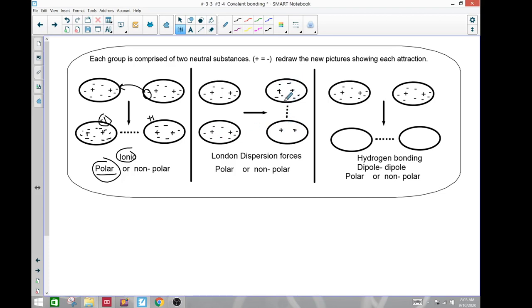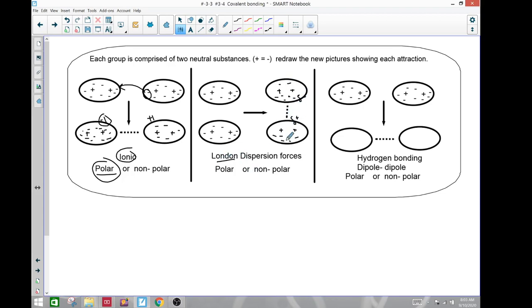These negatives push away the electrons on the other side. We call that an induced charge. This guy happens to have a little bit of a negative charge here because of random movement of electrons. It comes close to this guy and shoves them away, and all of a sudden now this is partial positive, and this is partial negative, and you get attraction. We call that London dispersion forces.